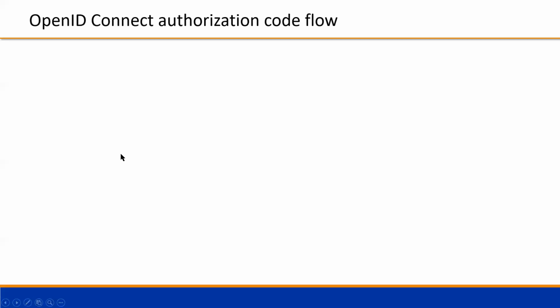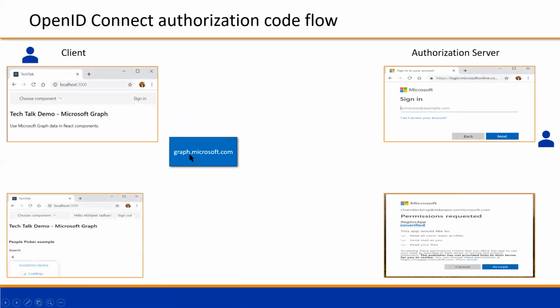Okay, so let me give you the flow of how it goes. Everything remains the same in the OpenID Connect world as well. We have the same players here. We have a client and an authorization server.